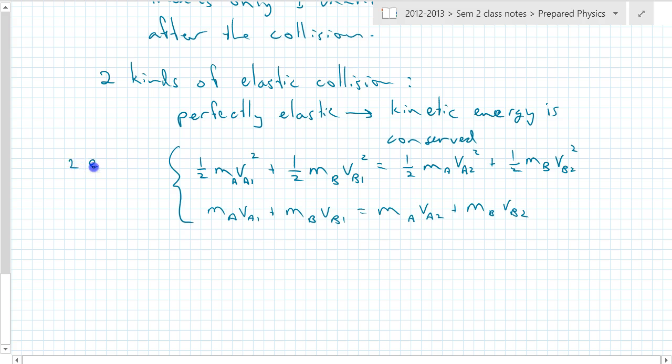So we have two equations and can find two unknown velocities.